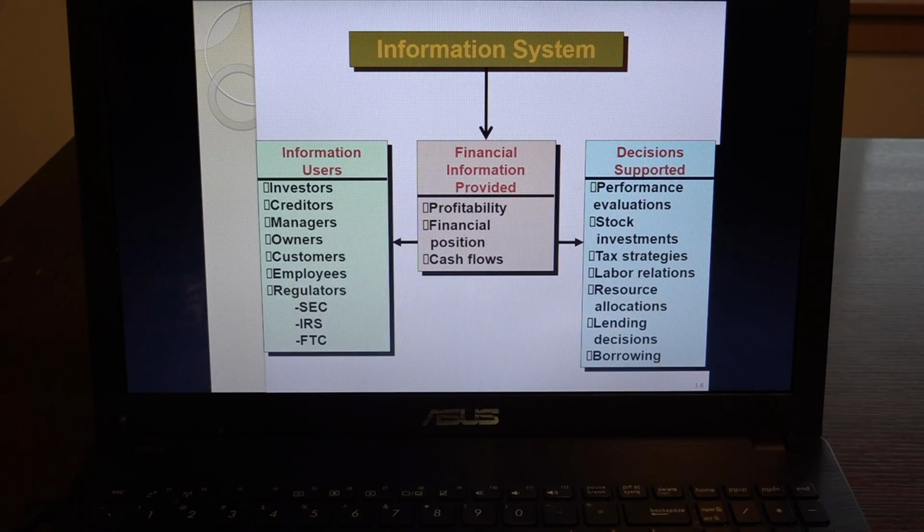The decisions supported by these three general purpose statements are lending decisions, which is a big one. Whether or not to lend money to a company. You've got a 30-year loan that they're applying for.